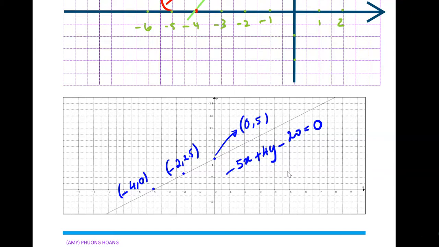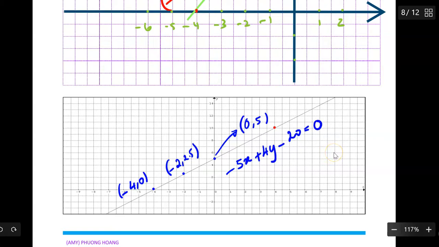Alright, so let's check another point. If you want to go further and check another point, you can go like this as well. You can pick a point on the graph. So right here, you can pick this 10 for y and 4 for x, and see whether or not they actually stay true to this equation. I'm picking 4 and right there, because I see it is going through this point, right?